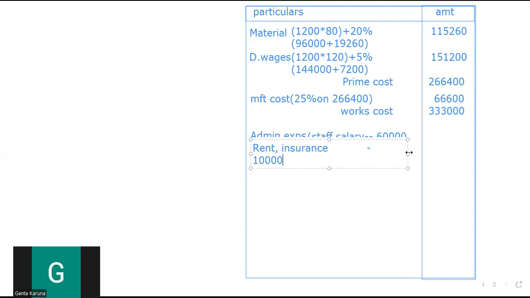Then he gave me general expenses, which are 20,000, he has mentioned. So after adding all these things, my outside total is going to be 90,000. So that 90,000, I'm going to take as it is.